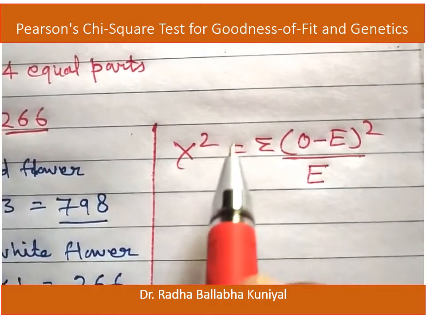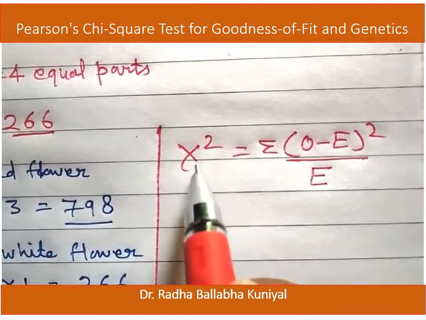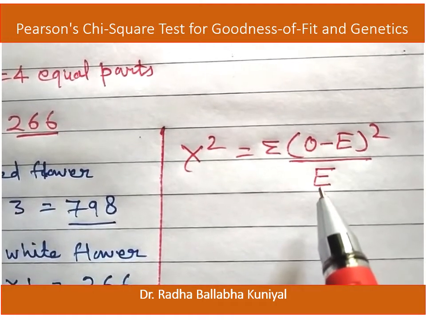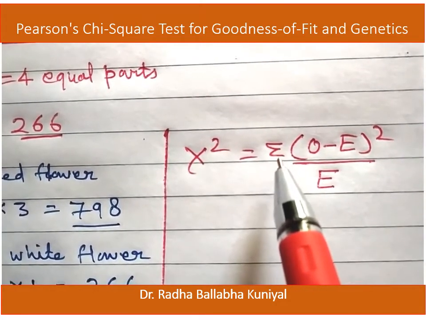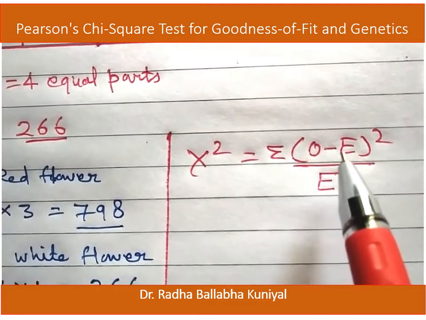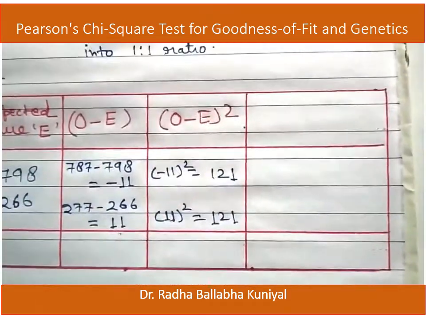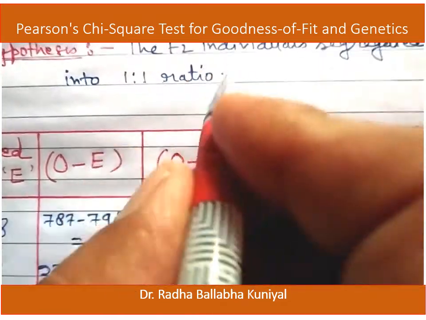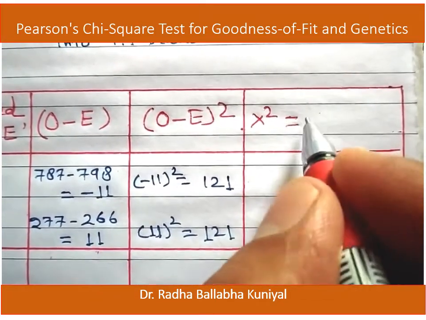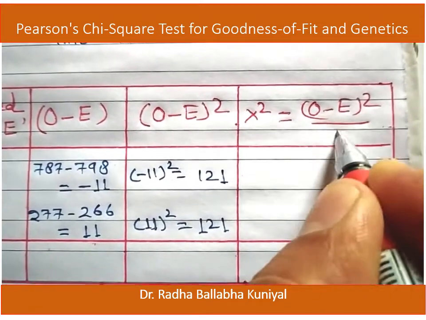Now to calculate the Pearson chi-square test for goodness of fit, we will apply the formula chi-square equal to sigma of the whole square of O minus E divided by E, where sigma means the summation, O is the observed value and E is the expected value. In the last column we will write the caption chi-square equal to the whole square of O minus E divided by E.